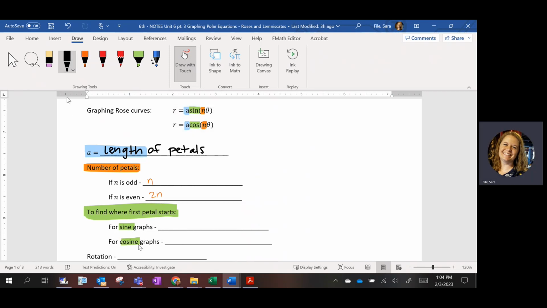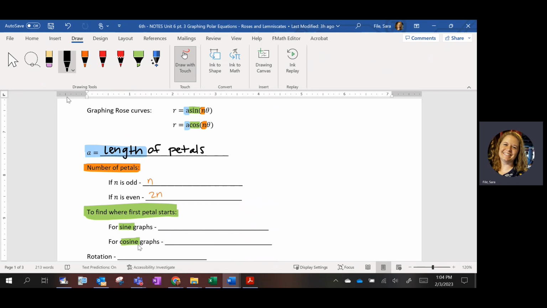If it is a cosine graph, when we were doing circles and limaçons, we said if it was cosine, it was drawn along the x or the horizontal axis, right? That's going to be the same thing for a rose curve.